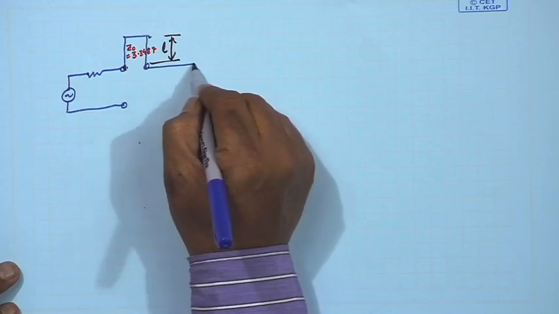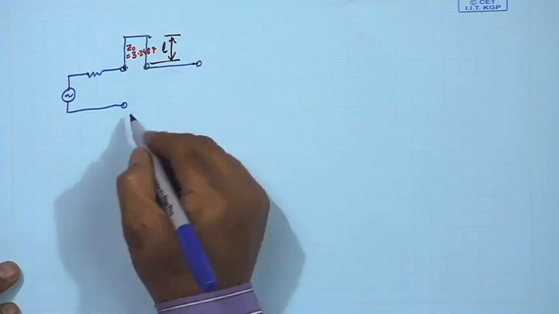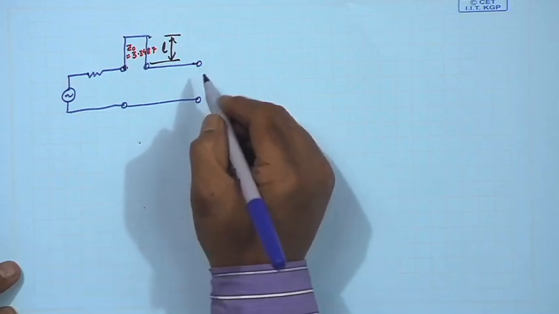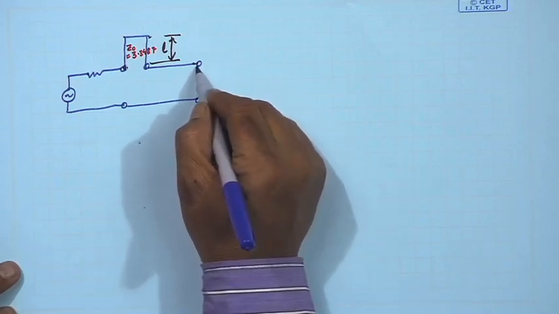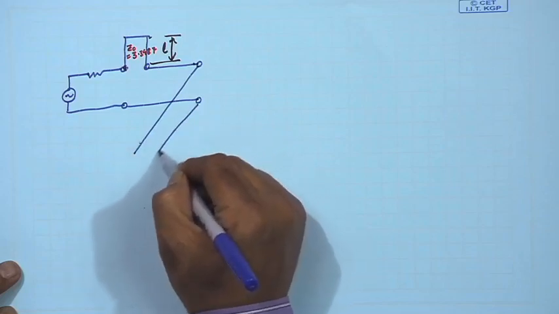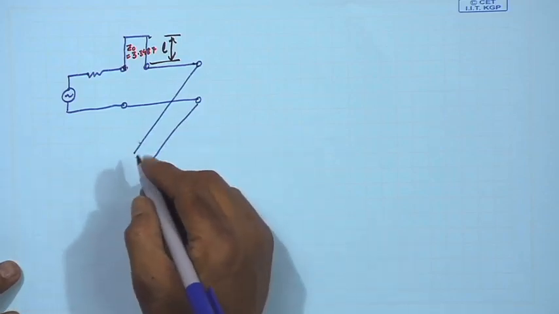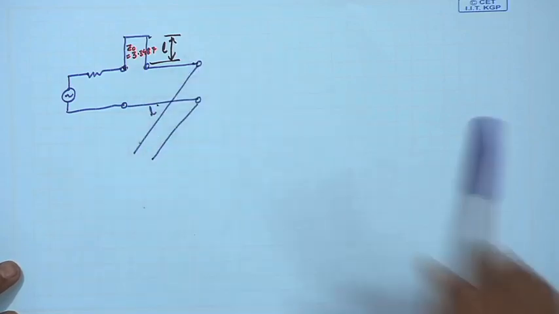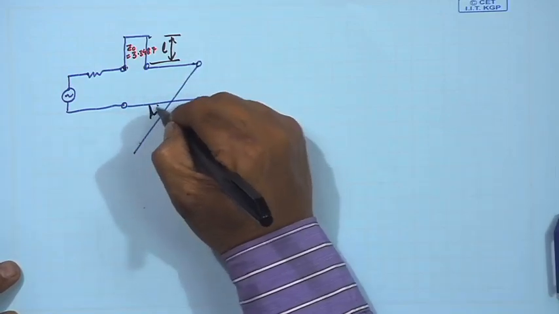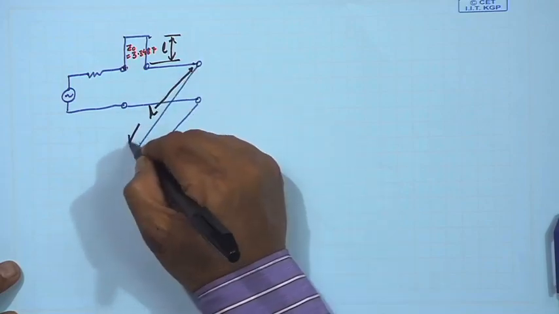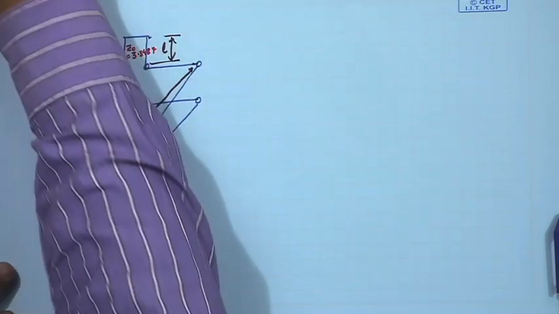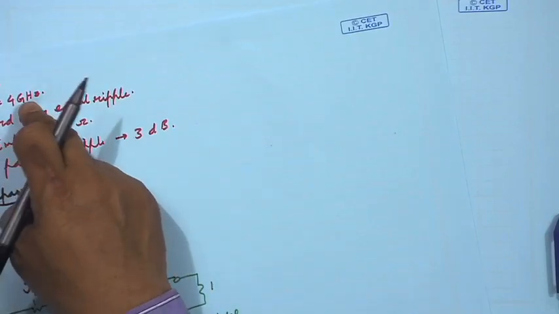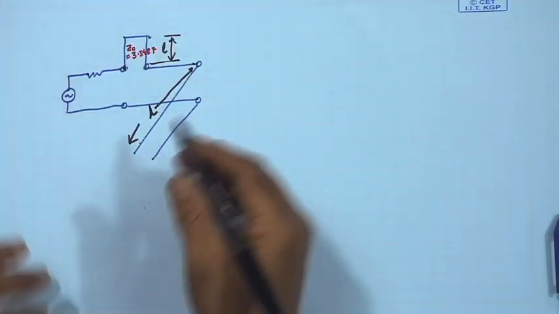Then C2 we will have to put. C2 is a shunt. So, we will have to put a shunt stub with open circuit, and this L again will be the same, lambda by 8 at the cutoff frequency, that means lambda by 8 at 4 gigahertz. So, what is the value of L?